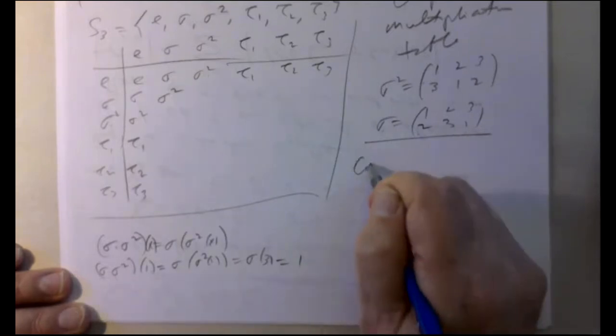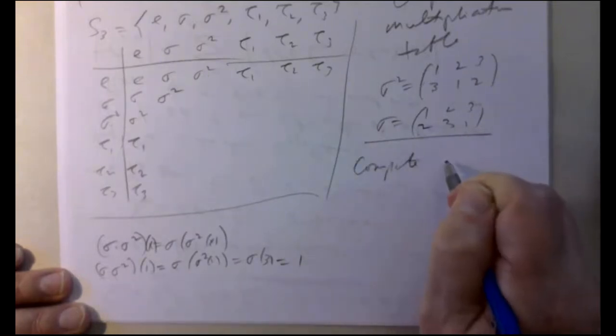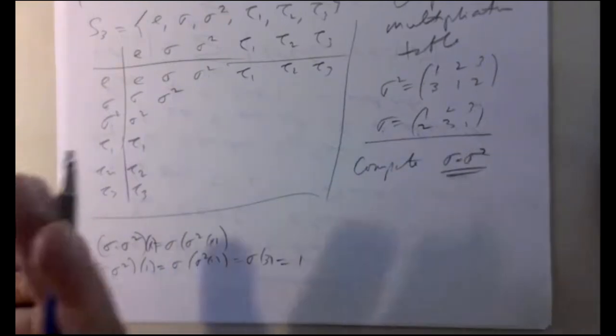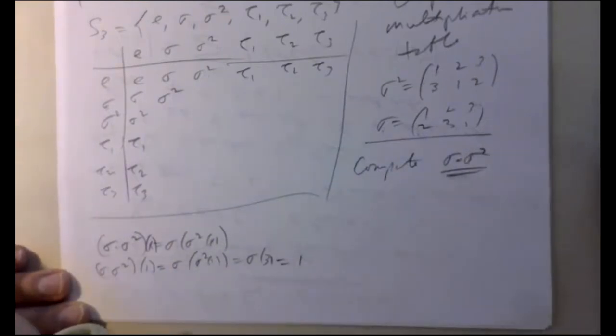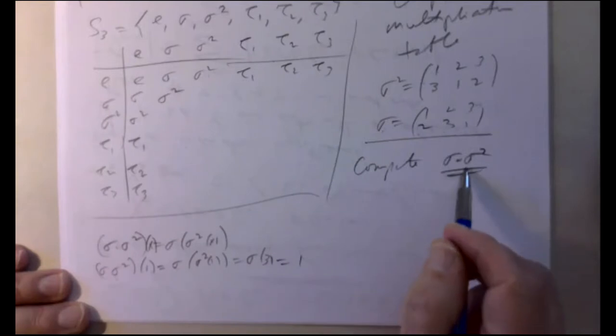All right, I want to compute sigma times sigma squared. It's a group. In a group, you can multiply. So how do I multiply these two permutations? Well, the multiplication operation is composition of functions. So sigma times sigma squared is the composite.